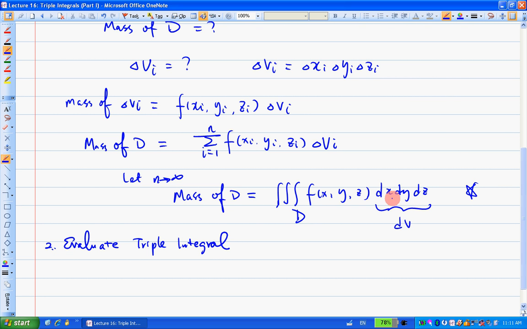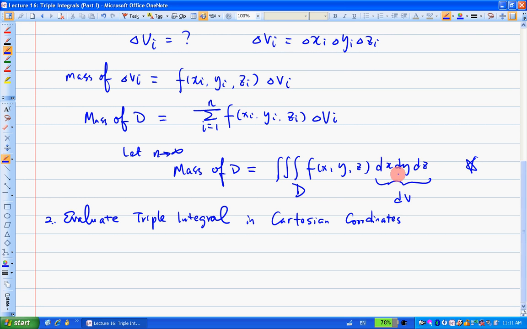Since what I write here is x, y, z, the first step, just like the double integral, is to evaluate this triple integral in Cartesian coordinates. So basically, stick with x, y, z.